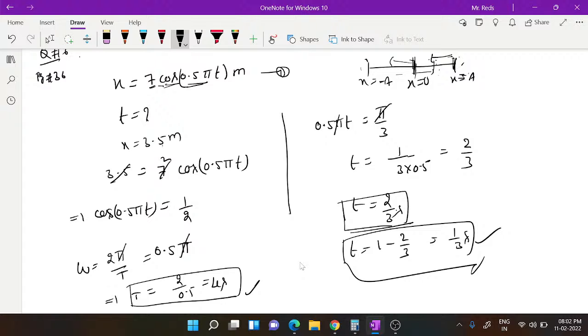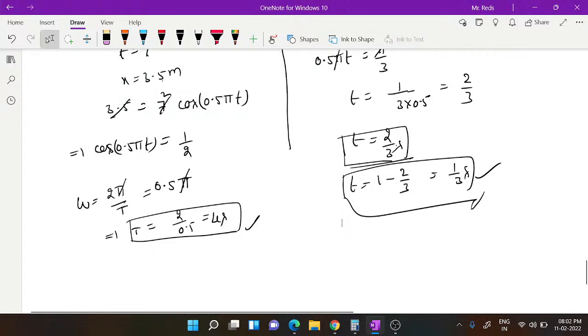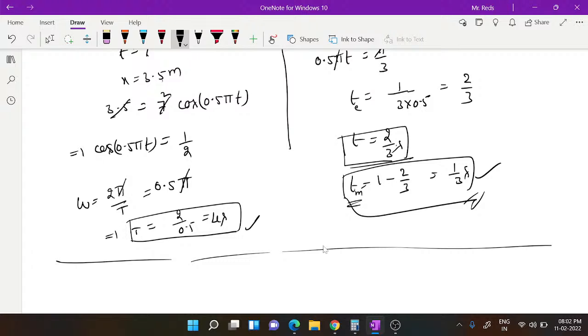Hmm? What is given here? T for main position is okay. 12th one.